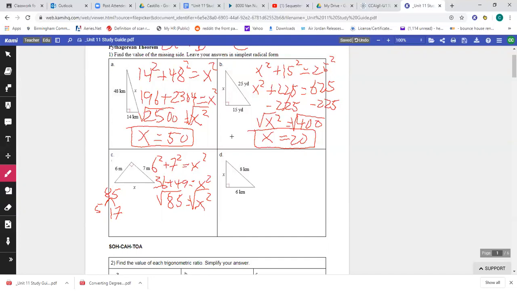So it looks like you can't really break down the square root of 85. Okay, that's fine. And that will be just your answer because you can't simplify it. Right? Remember that the square root and the square cancel each other out, so you're just left with an x. And then we couldn't simplify the square root of 85.